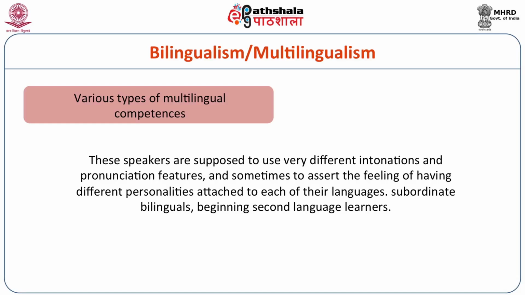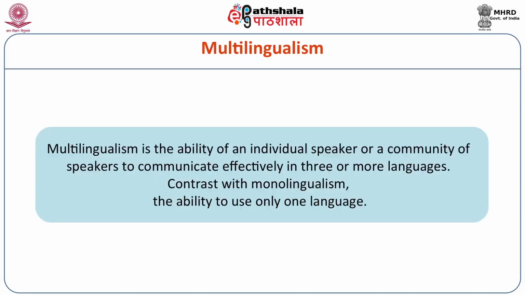Then there are subordinate bilinguals, beginning second language learners. And multilingualism is the ability of an individual speaker or a community of speakers to communicate effectively in more than two languages, maybe three or more. The word will be multilingual. Contrast this with monolingualism, the ability to use only one language.